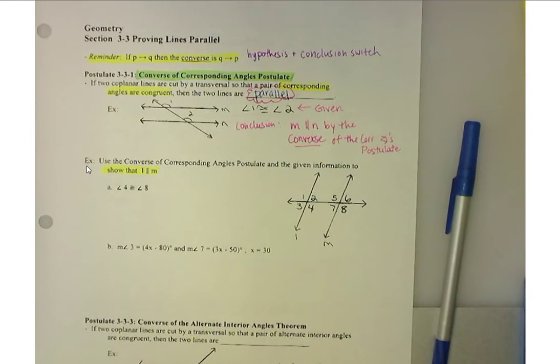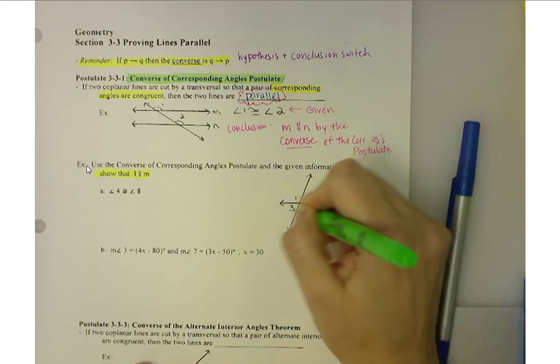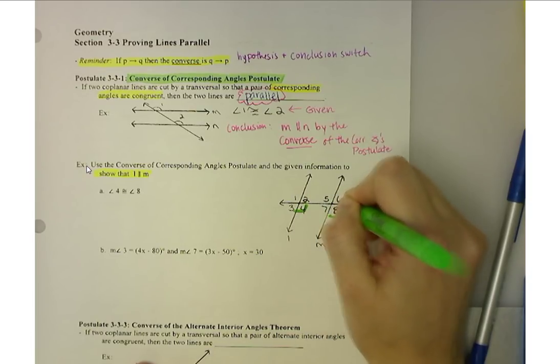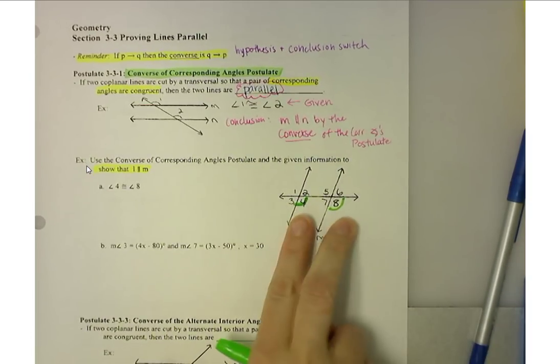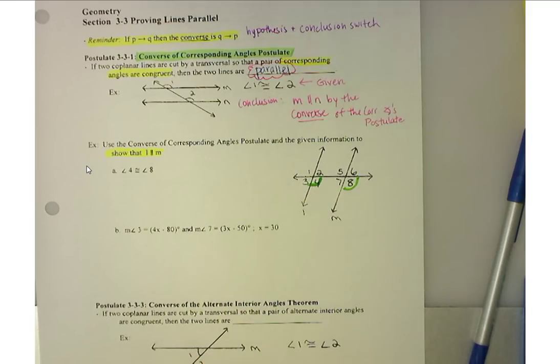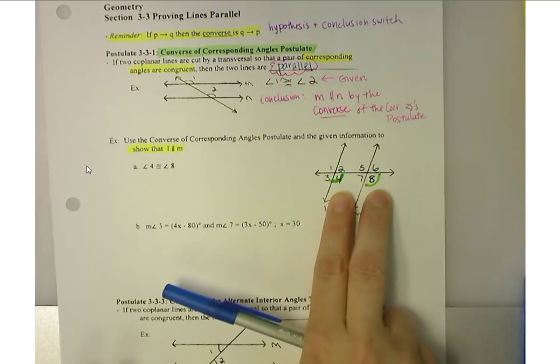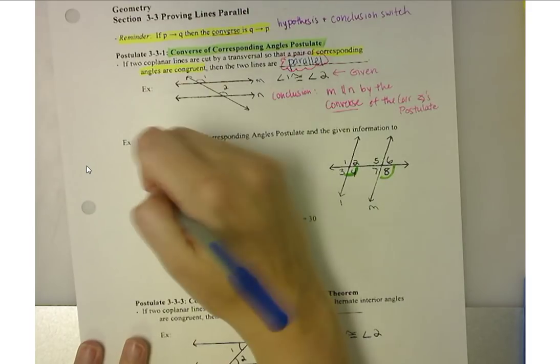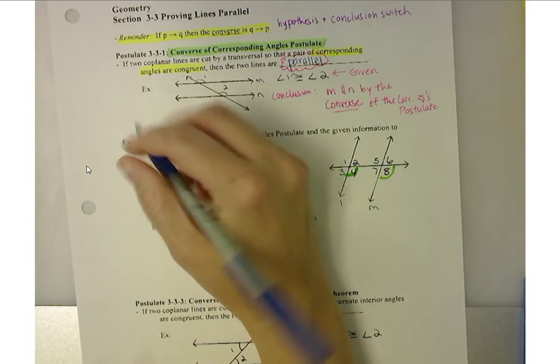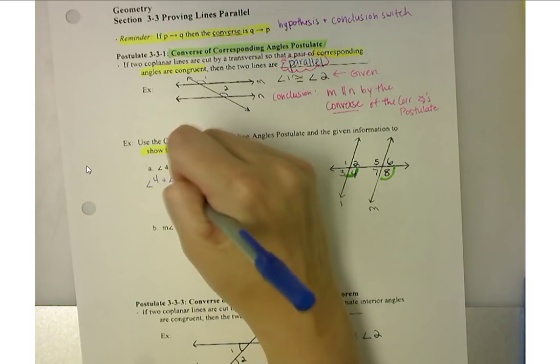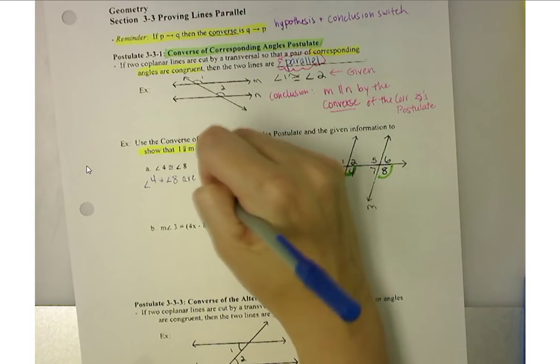So if I look at my picture and I identify where 4 and 8 are in my picture, I have to decide what type of angles these are. So our angles are either corresponding, alternate interior, alternate exterior, or same side interior. So 4 and 8 are, if you guess corresponding, you are correct. So 4 and 8 are corresponding angles.